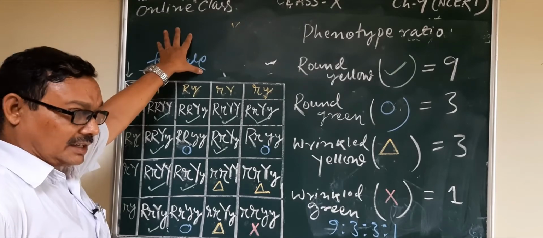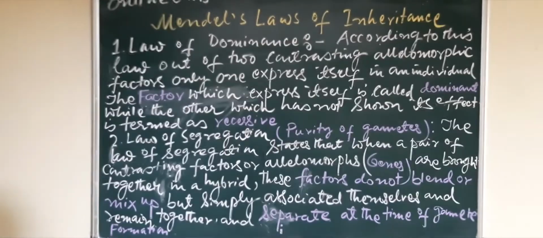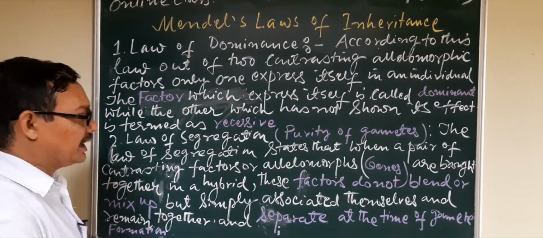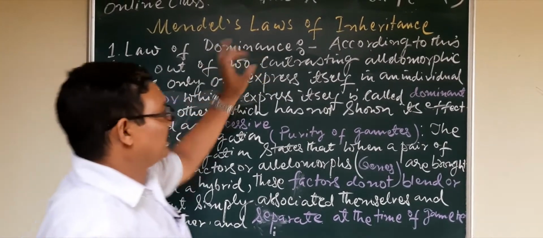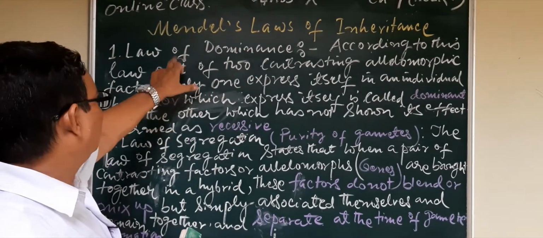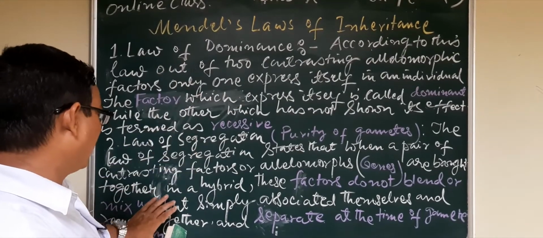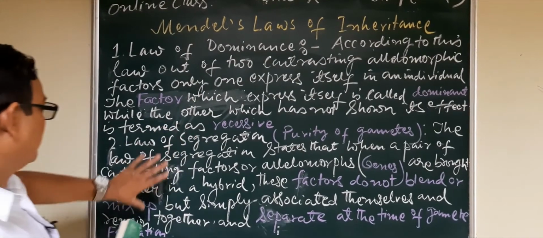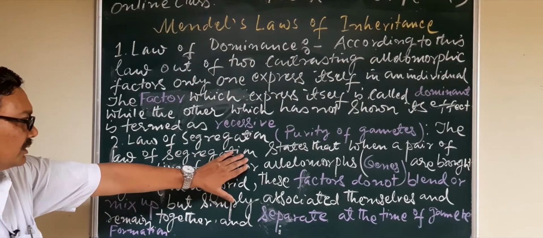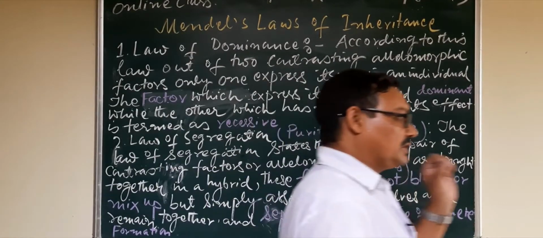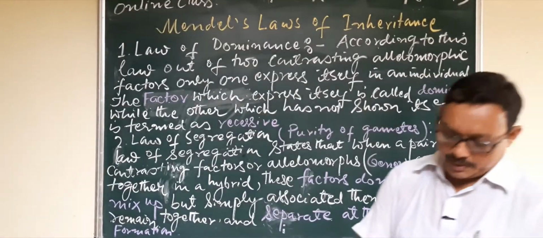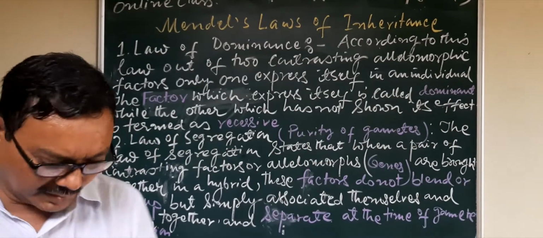Now look what these laws are. Look here, the different laws of Mendel based on inheritance. Here is the first law, law of dominance, and the second law, law of segregation. Both laws have been deduced from the monohybrid experiment by Mendel.